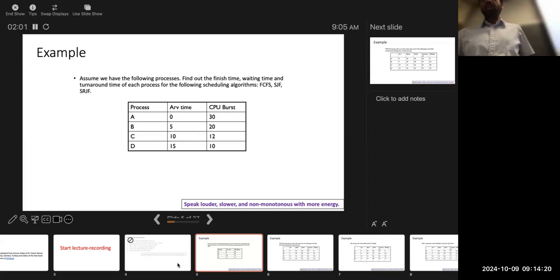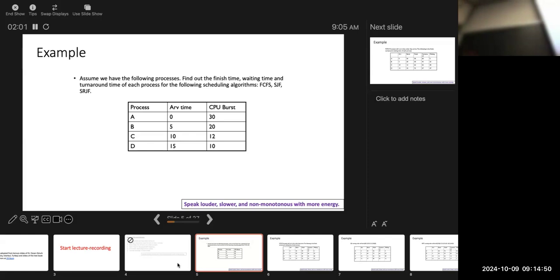Okay, at least it tells me that you are attentive. So now again, do the same example. And this is going to be a little tricky or interesting. Do the same example using shortest remaining time job first. Otherwise the numbers are the same, arrival times and burst times are the same.